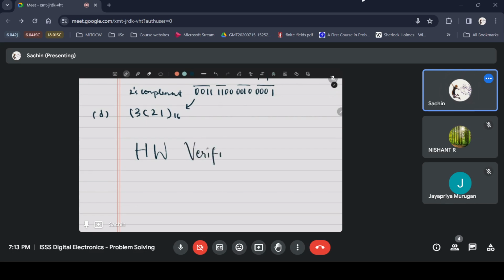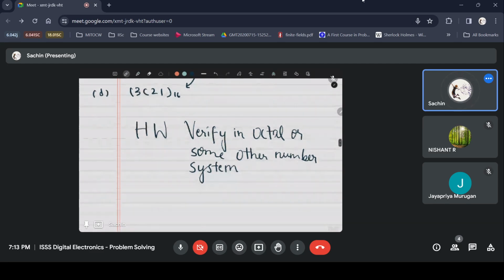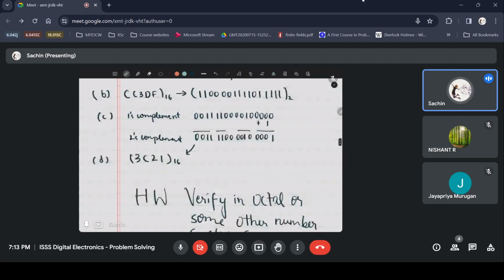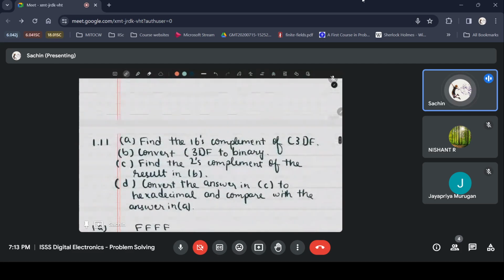Verify in octal or some other number system. I had shown an example with, say, base 3, base 9. So you can check if this works in those systems also. My intuition is that it should work, but I haven't worked it out myself.